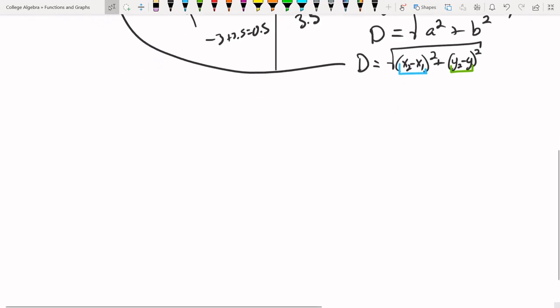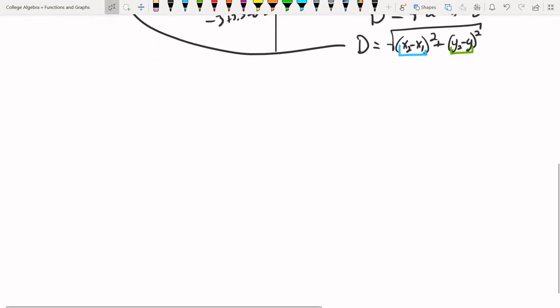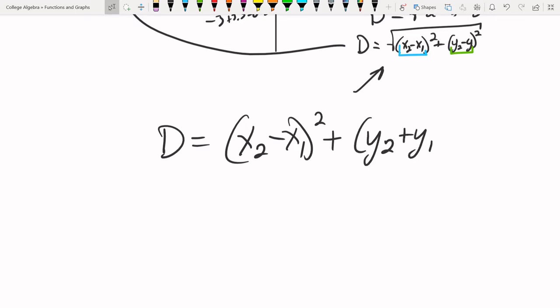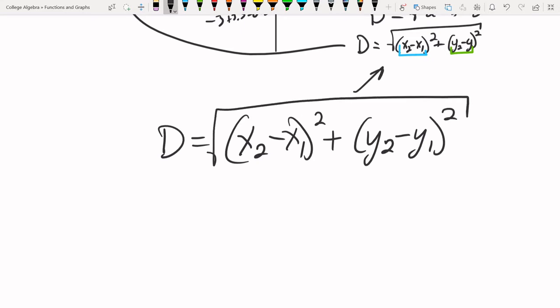Just to recap, the distance formula I wrote right here, but the distance is just the difference between the x values plus the difference between the y values, the difference, not the sum, and the square root of that. This is just Pythagorean theorem.